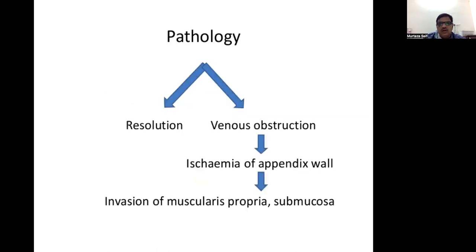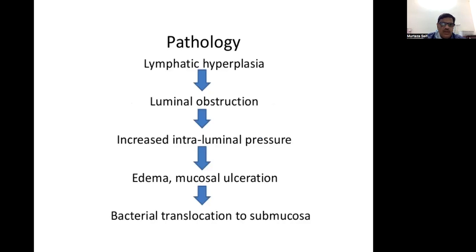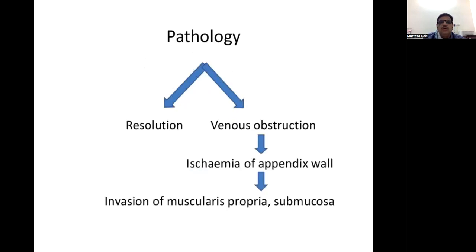Once again, I repeat: lymphatic hyperplasia leads to luminal obstruction, leads to increased intraluminal pressure, leads to edema and mucosal ulceration, which causes bacterial translocation to submucosa. It may resolve or may further cause venous obstruction.